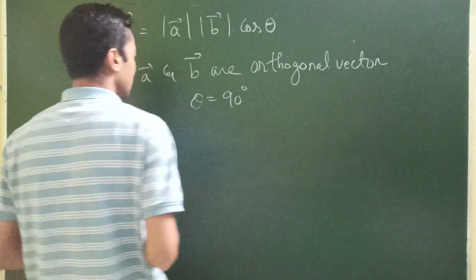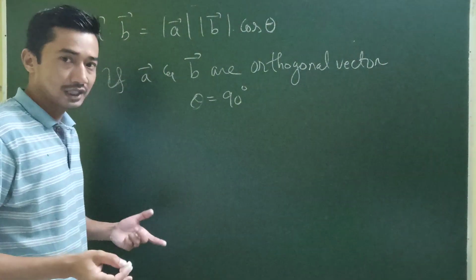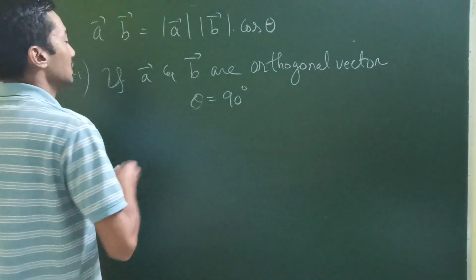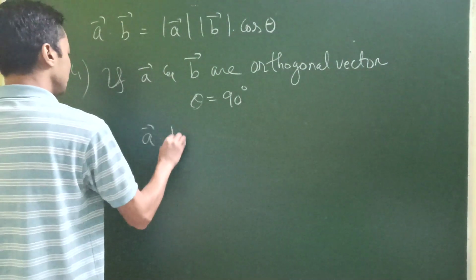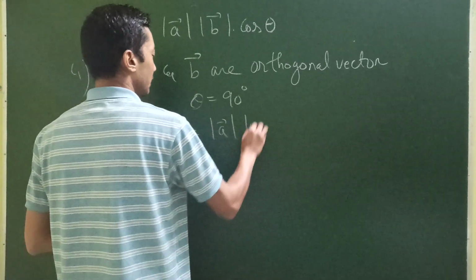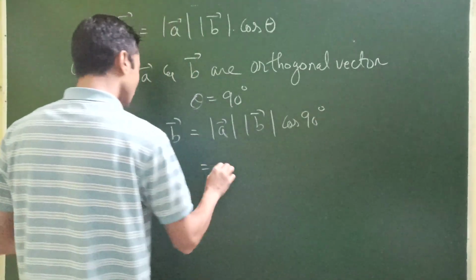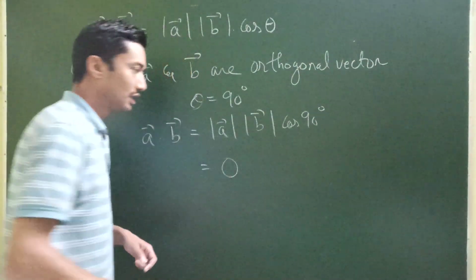This is a special case for dot product. All are special cases but this one is more commonly used. Then in that case, the dot product of two vectors will be magnitude of A, magnitude of B, cos of 90 degree. Now what is cos 90 degree? 0. That means the whole value is 0.